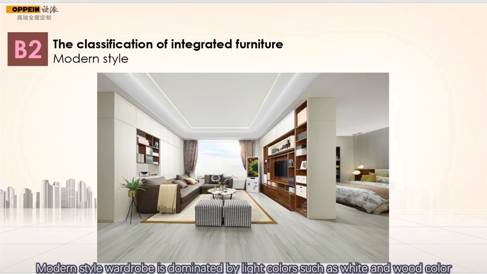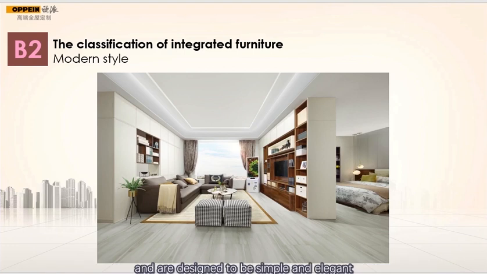Modern style. Modern style wardrobe is dominated by light colors such as white and wood color, and is designed to be simple and elegant, with fewer pattern accessories. Modern style design emphasizes functional design with simple and smooth lines and strong color contrast.